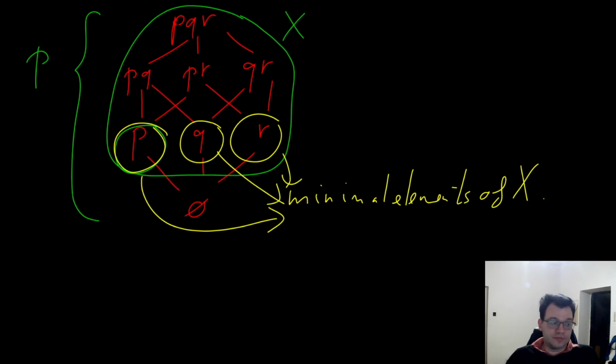For Q, well, P is not larger than Q. For R, well, Q is not larger than R. And for all the other elements, of course, the minimal elements cannot be larger than them, so there is no least element of X.